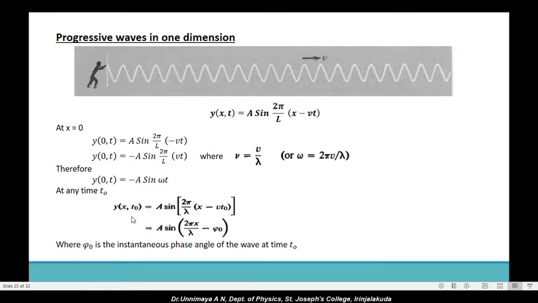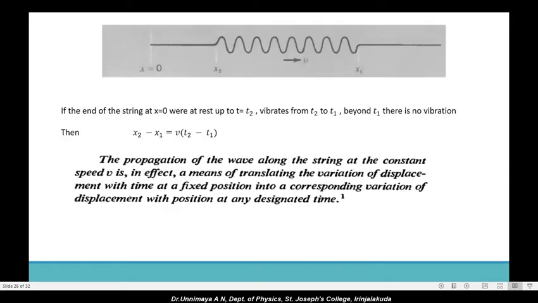So the equation at any time t0 becomes y(x,t0) is equal to a sin (2 pi x by lambda minus phi 0), where phi 0 represents the instantaneous phase angle of the wave at any time t0.